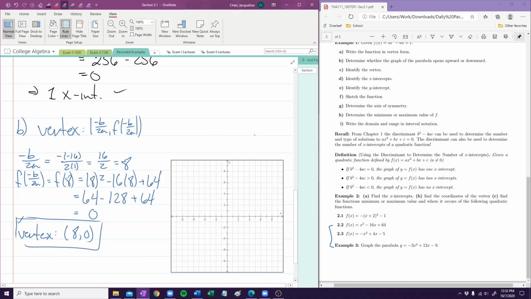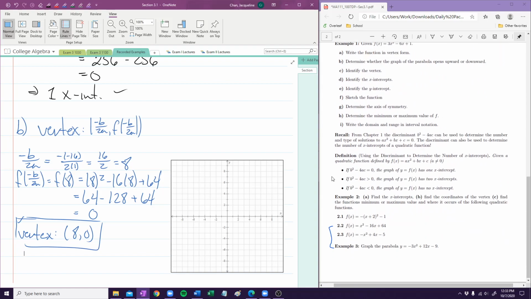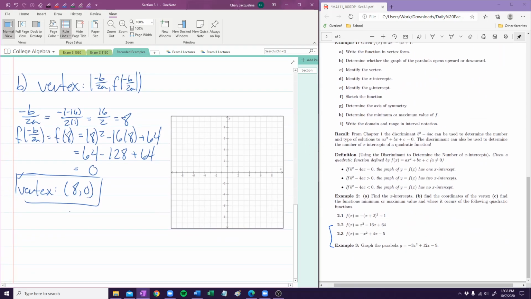Because when you have one vertex, okay, maybe I should have added a picture. So, kind of sidetracking here, when you have no x-intercepts, the graph looks like this, or it looks like this. If you have one x-intercept, then our graph looks like this, where it touches right here.